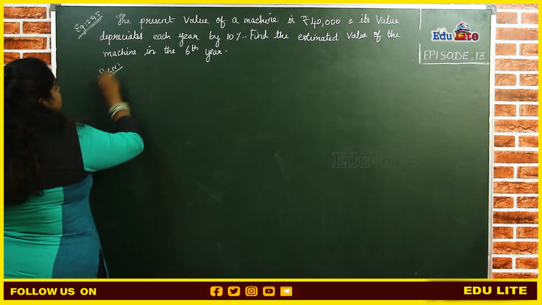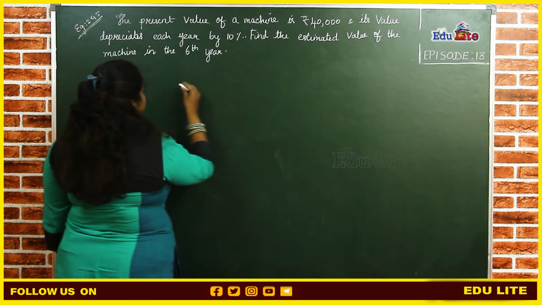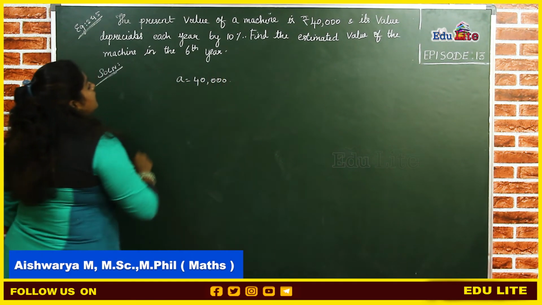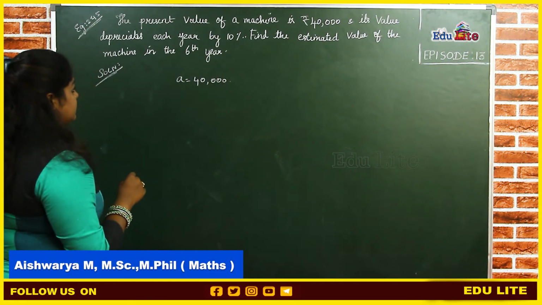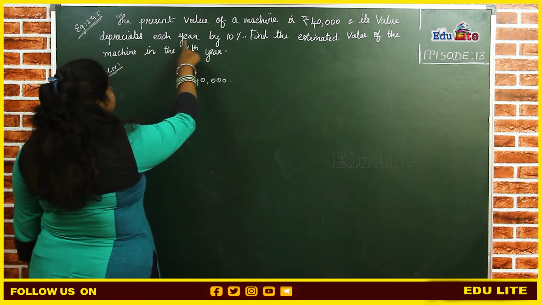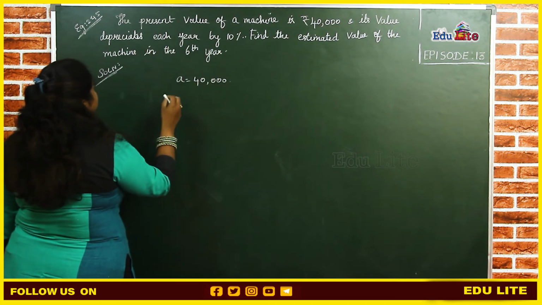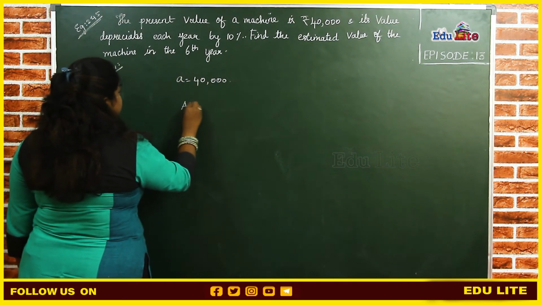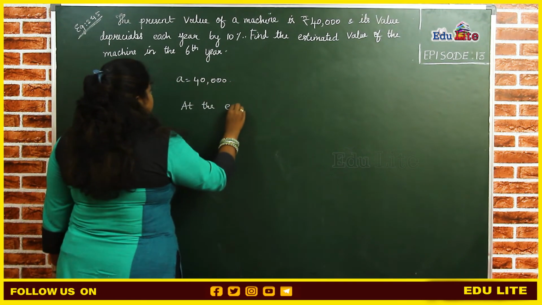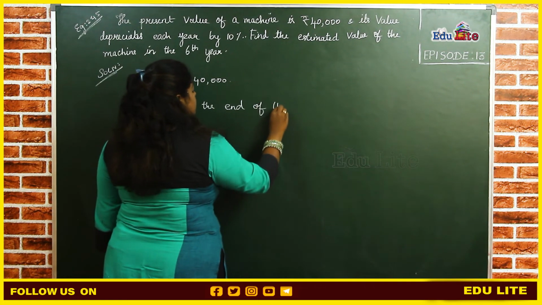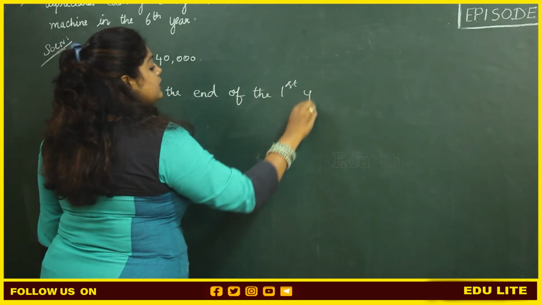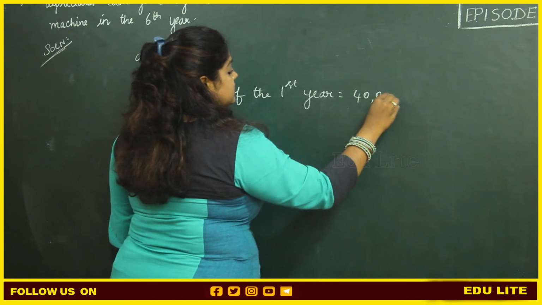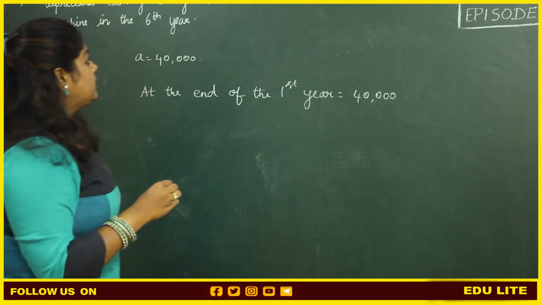What is given is, the present value of a machine is 40,000, that is A equals 40,000 at the beginning of the first year, and its value depreciates each year by 10%. The value of the machine at the end of the first year will be reduced by 10%. Reduced by 10% in the sense it will become 90%.